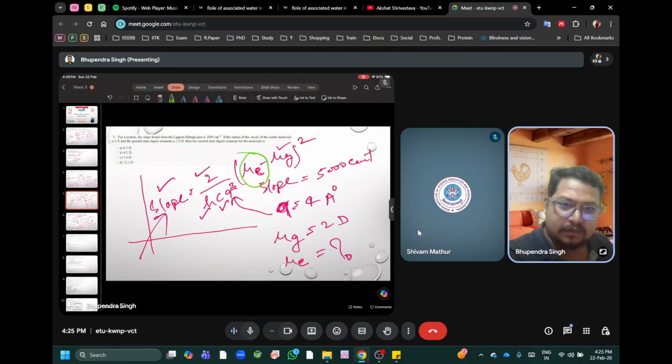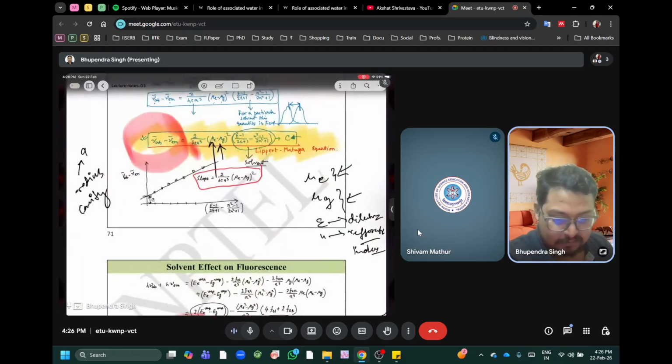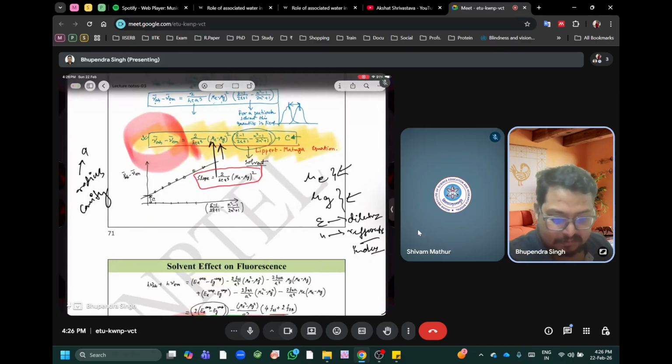I'm just here to tell you the concept, because if I keep on calculating the mu e and mu g, then it will take much time, and I'm here to actually make you conceptually rich. That's it. I've already shown you this formula according to the Lippert method.